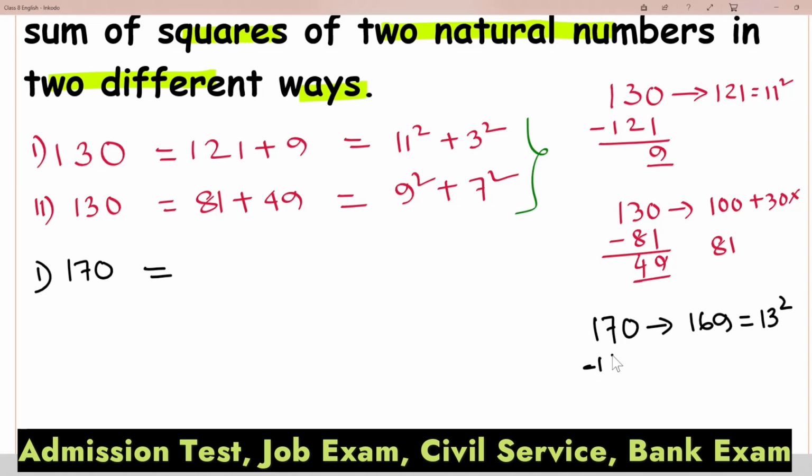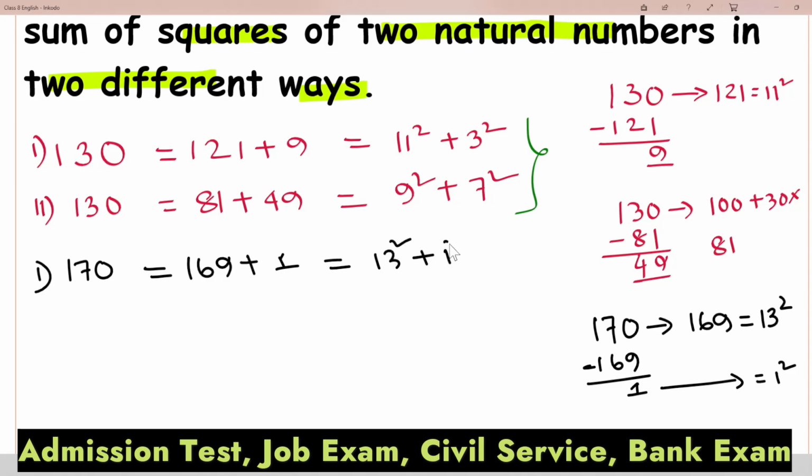So 170 minus 169 will be 1. 1 is also a perfect square, right? 1 square means 1. So we can say 169 plus 1, which means 13 square plus 1 square. So it looks like a square plus b square.